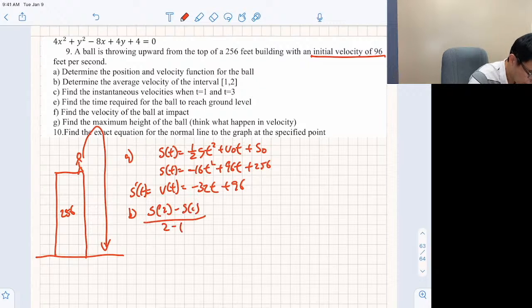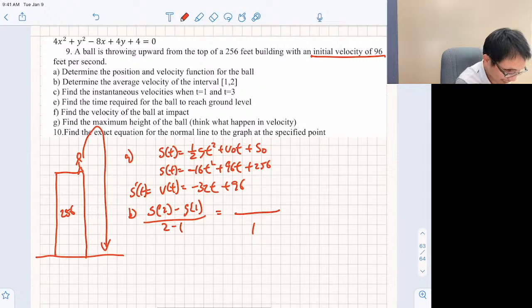over 2 minus 1. I have no idea what S of 2 is. Can somebody help me plug in if I have 2? Somebody do that part, please. S of 2. I can do S of 1, I'll pick the easy one. It's 384.